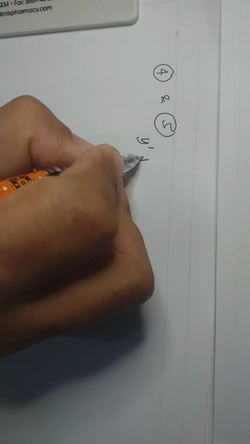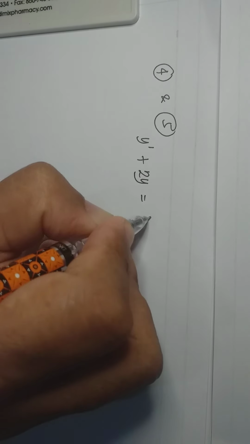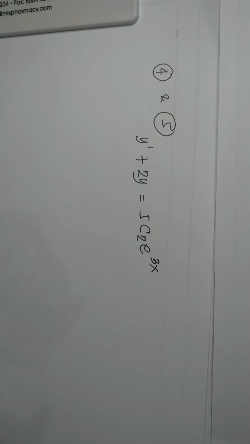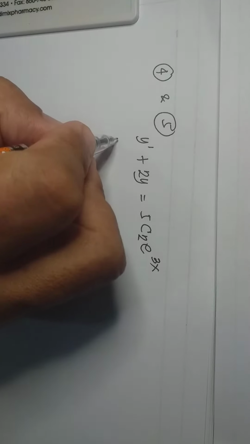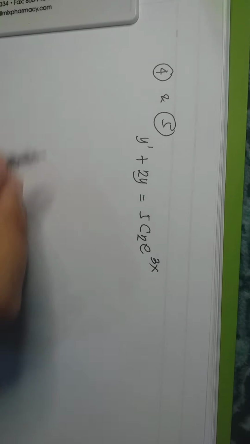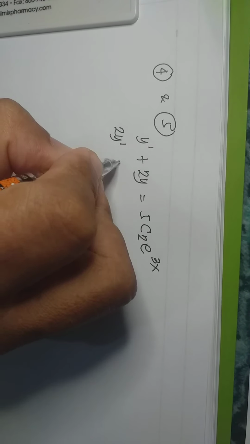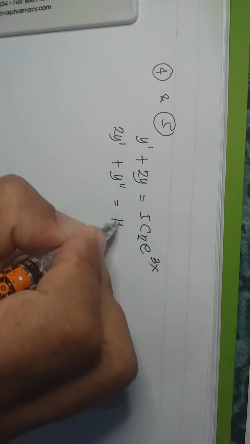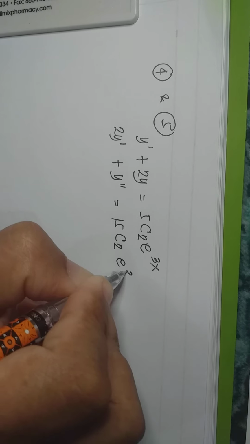So let us now combine equation 4 and equation 5. Equation 4 is y prime plus 2y equal to 5 c sub 2 e to the 3x. And then we have equation 5, 2y prime plus y double prime equal to 15 c sub 2 e to the 3x.